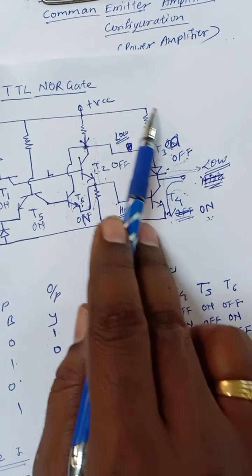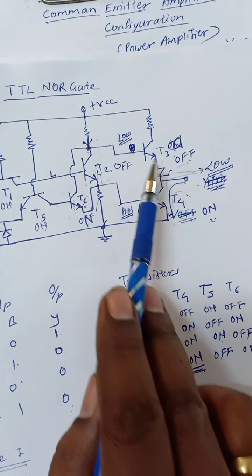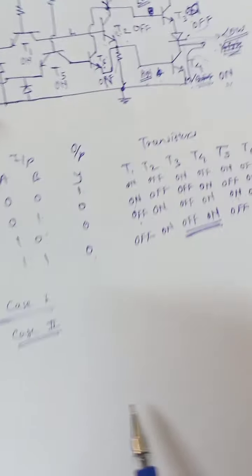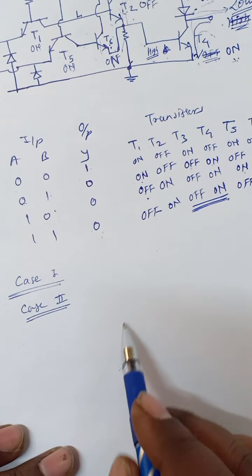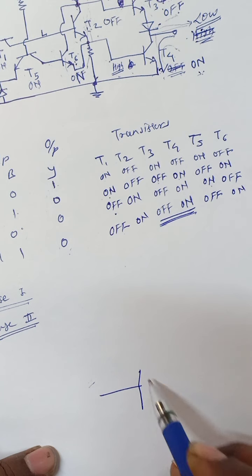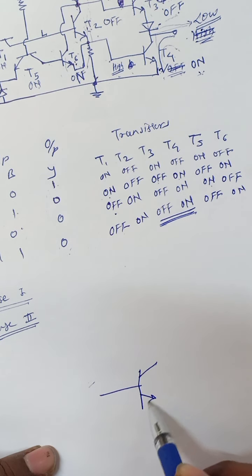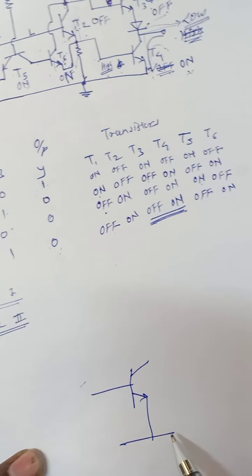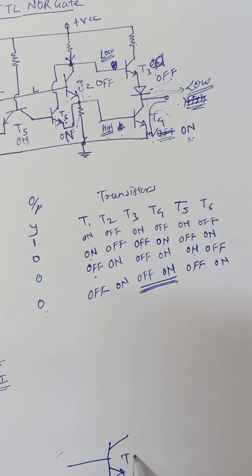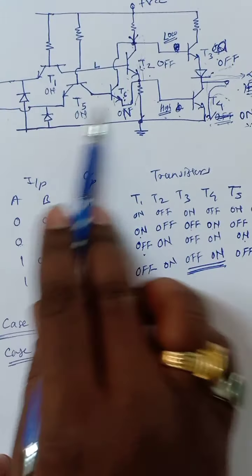Then whatever remains of the output stage is only this and this one. So finally the output circuit remains only this one. This is the T4 and here is the output. Whatever the remaining circuit is, it remains the same.